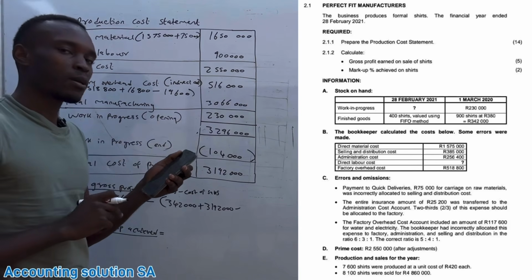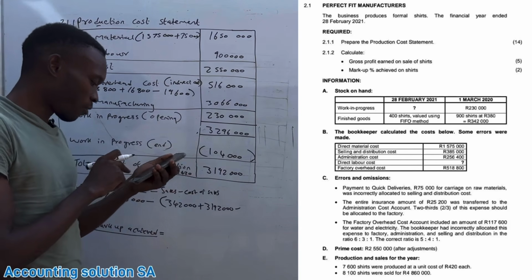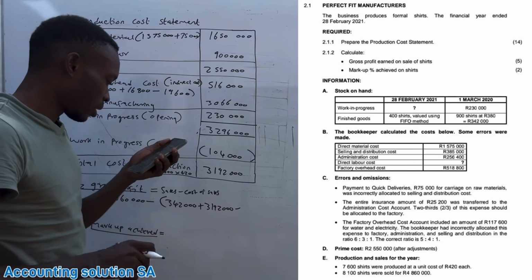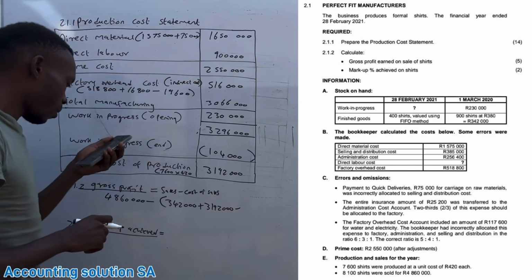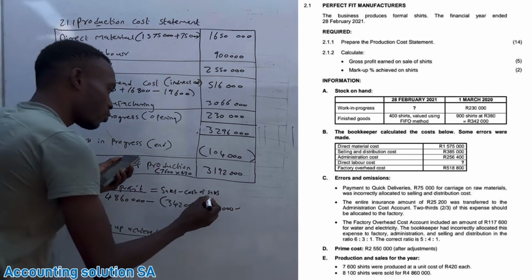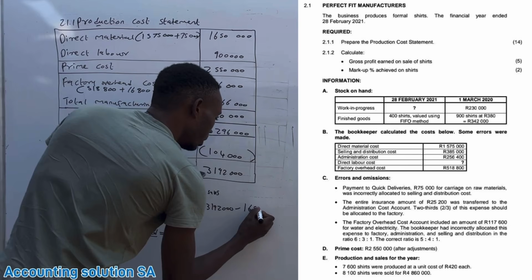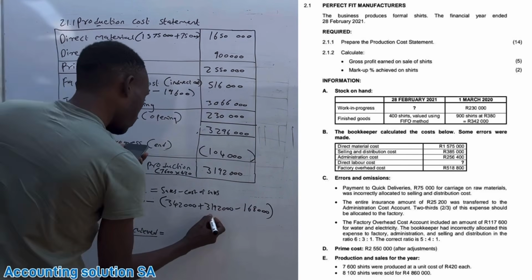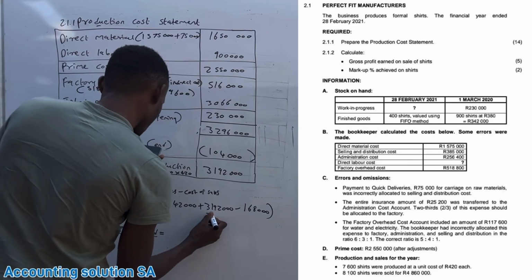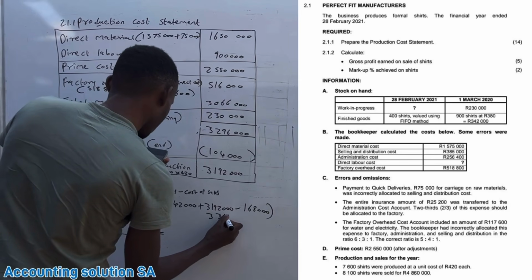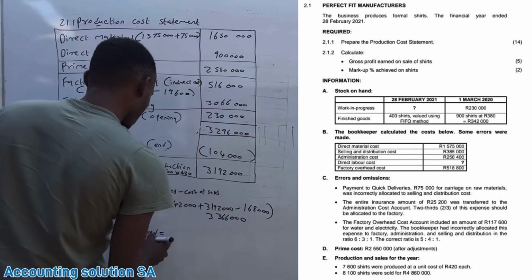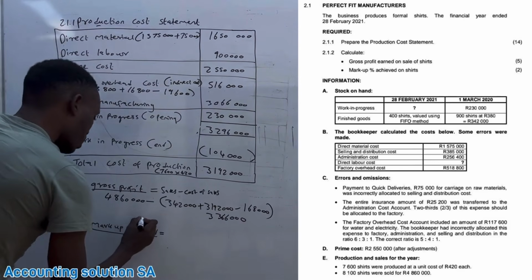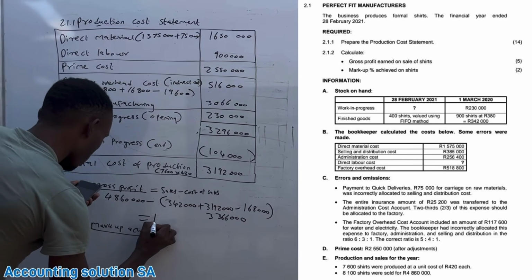We just multiply by the number of shirts, 400, then we're going to get an amount of 168,000. If you do this, you're going to get a cost of sales of 3,366,000. Sales minus cost of sales is going to give you a gross profit of 1,494,000.